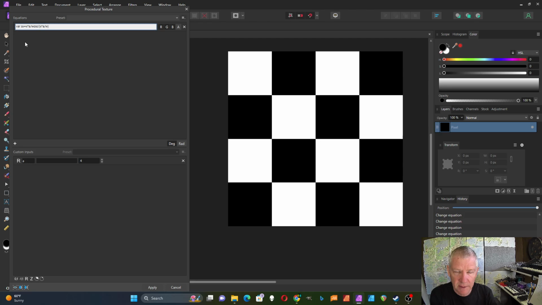So that's for my scaled x value. And then I'm going to create a variable sy equals x times a divided by w. So I have two variables, and then I'm just going to put in here sx plus sy.